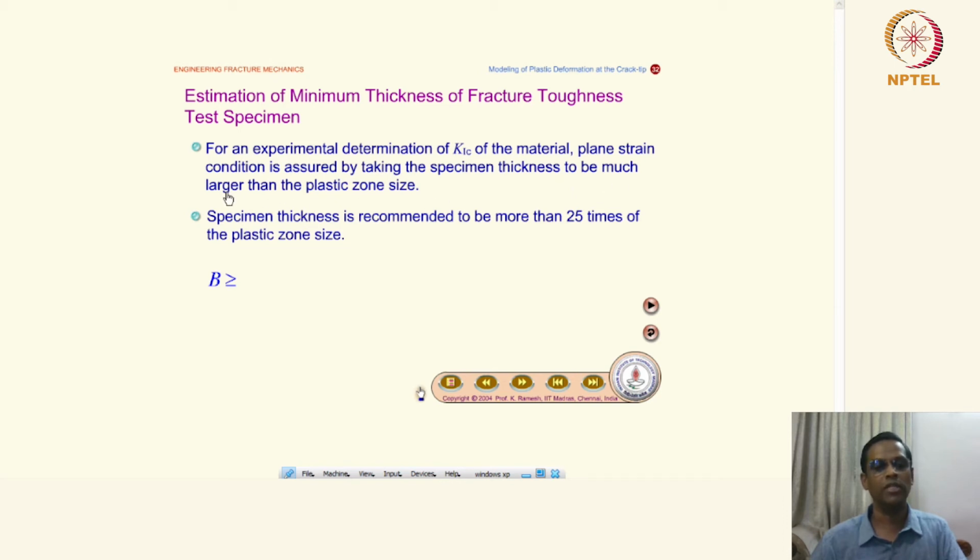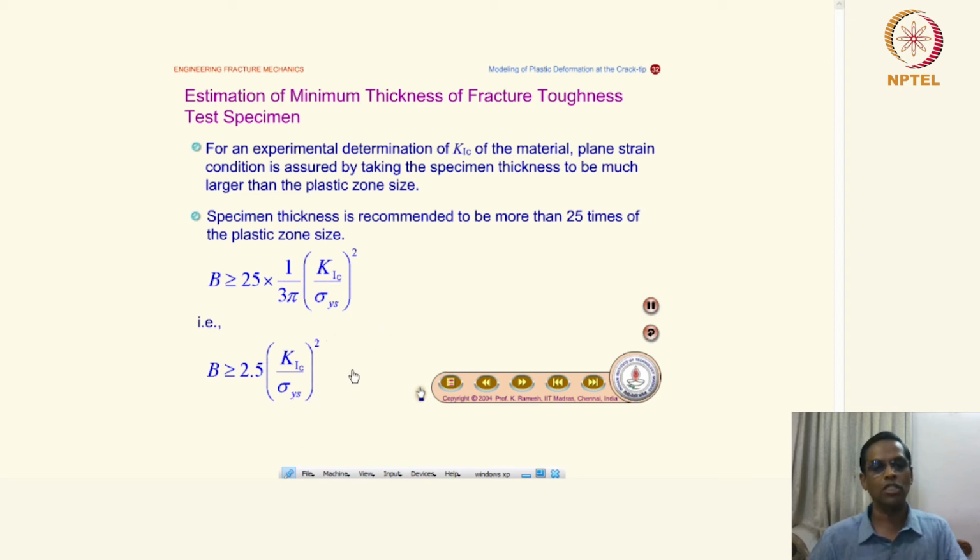This is the first point. Specimen thickness is recommended to be more than 25 times the plastic zone size. That means B should be greater than or equal to 25 into 1 by 3 pi (K1C divided by sigma ys) whole square. That is, B should be greater than 2.5 into (K1C by sigma ys) whole square.